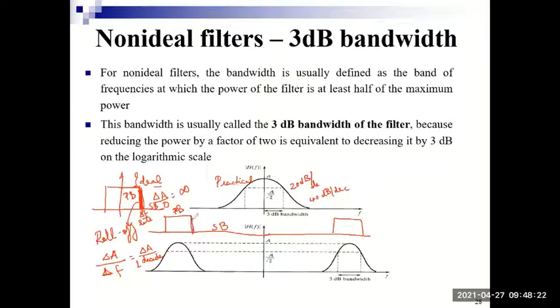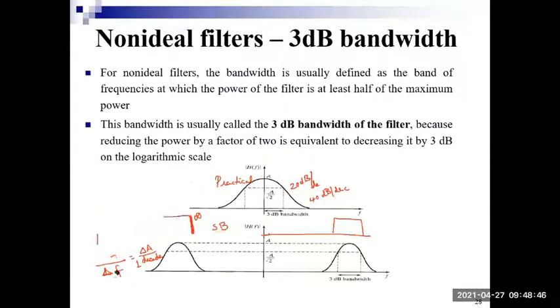So this transition from pass band to stop band will involve what? A straight line, or its value is infinity for an ideal filter. Whereas for a practical filter, it can never be so high. It will be a lesser value, and that is one of the major differences between an ideal and practical filter.